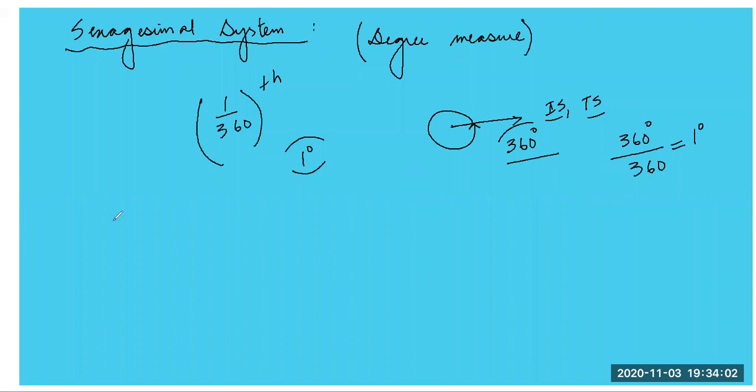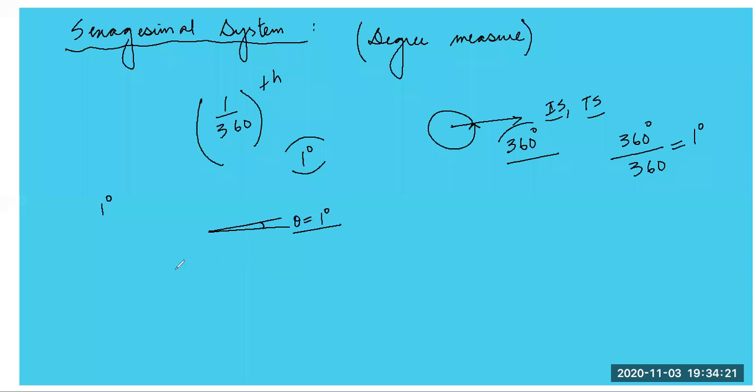Okay. Now, students, if 1 degree is divided into equal parts, you see a very, very small angle, 1 degree. Even this will be more than 1 degree, but let's assume this is 1 degree.